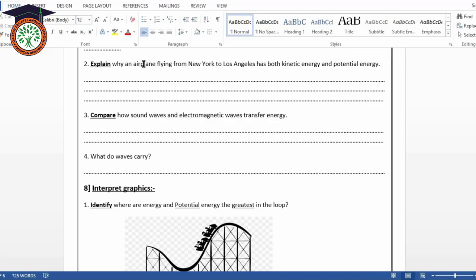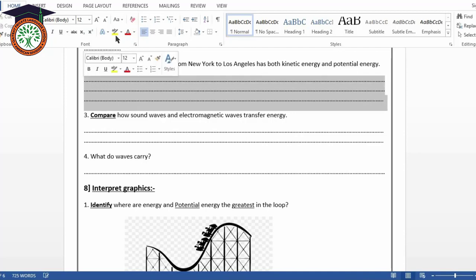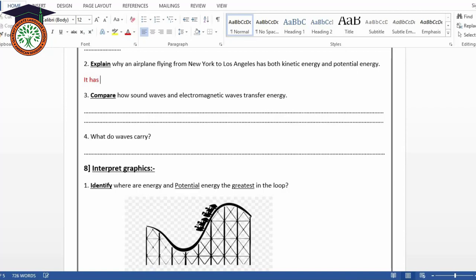Excellent. Okay, why does an airplane flying from New York to Los Angeles have both kinetic energy and potential energy? So when the airplane is moving from one place to another, do you think this airplane has mass and weight? Yes. Do you think it has speed and height? So it must have kinetic energy and potential energy.